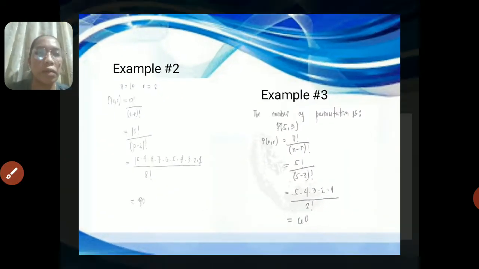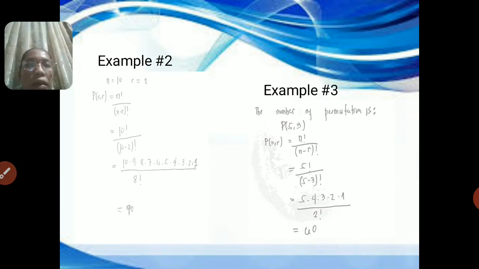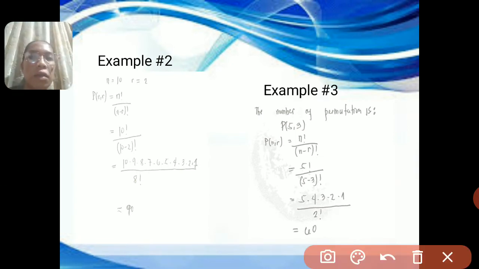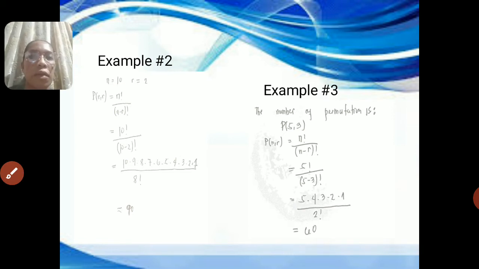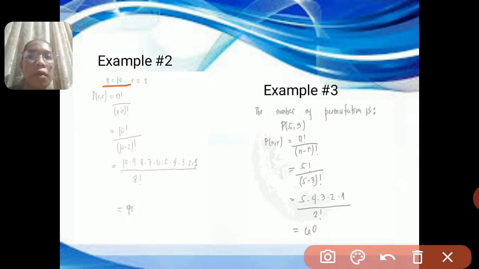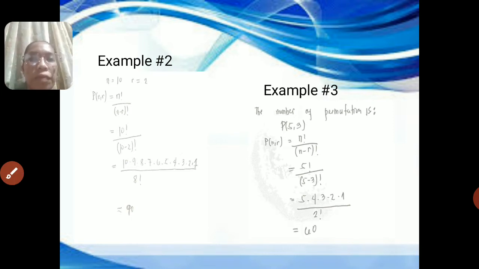Another example, number 2. The n here is 10 and the r is 2. So we need to substitute.